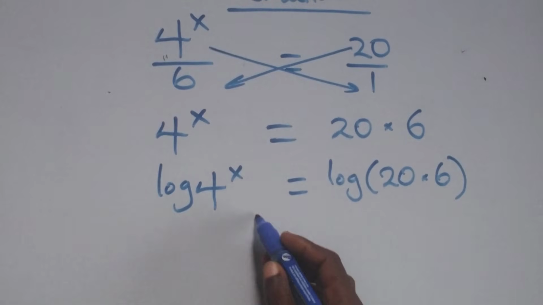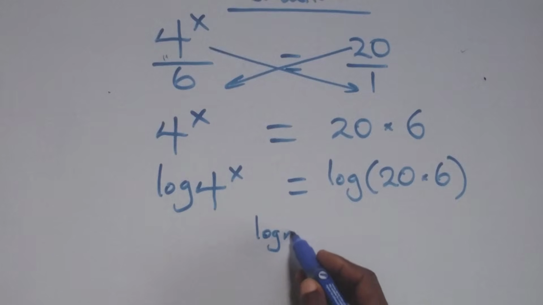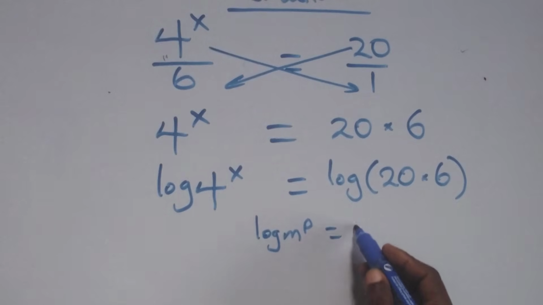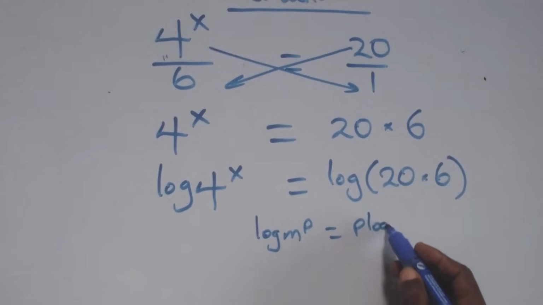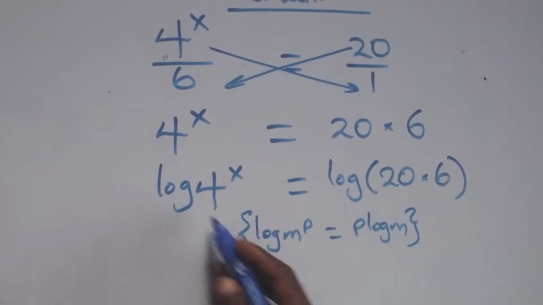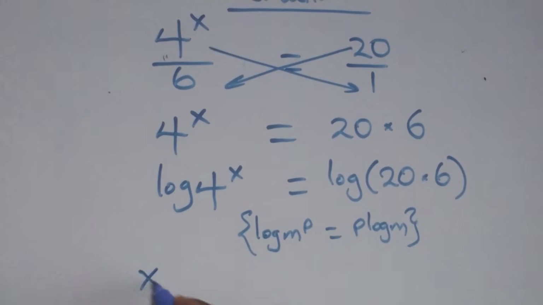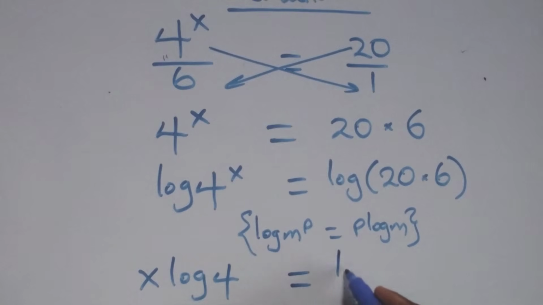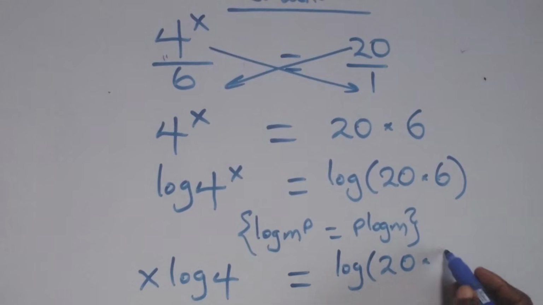And this follows when we have log m raised to power p, the same thing as p log m. When we apply this here, we have x log 4, which equals log 20 times 6 here.